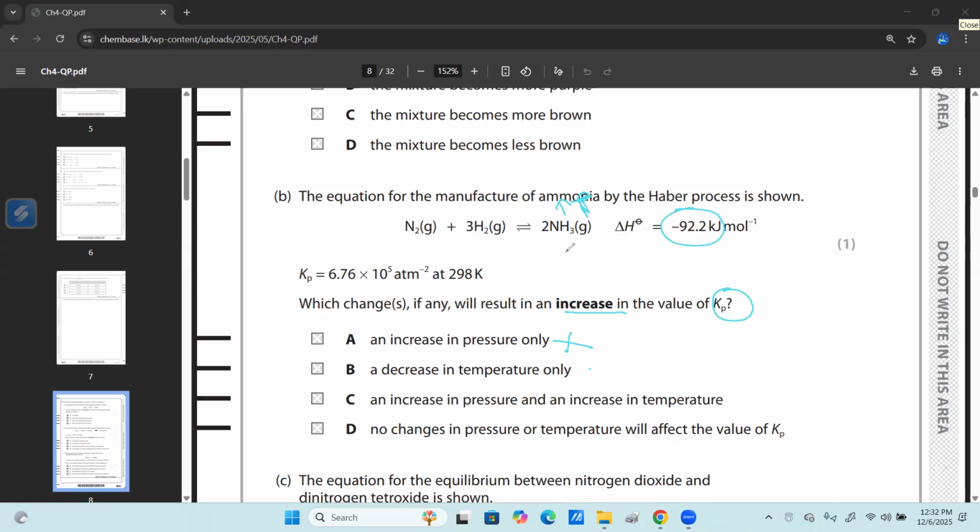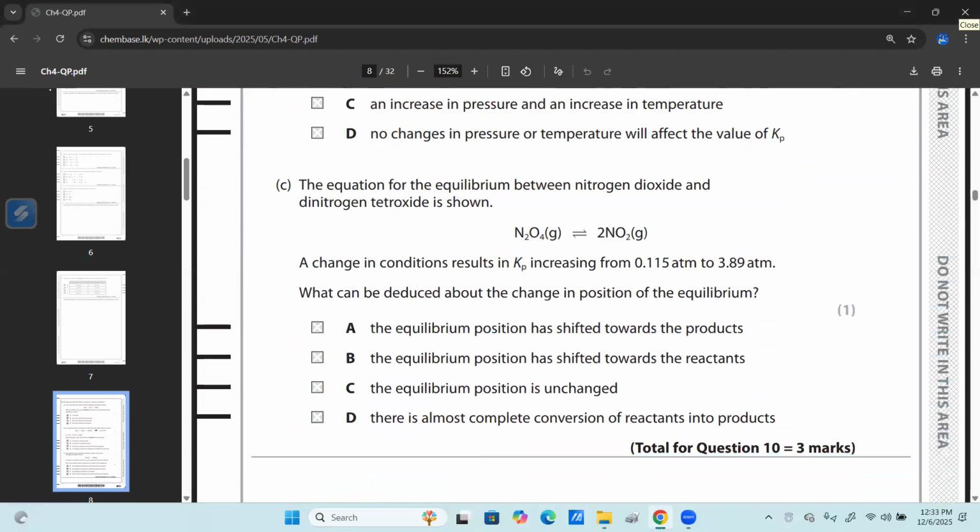So when you reduce the temperature, the system tries to form more products. And Kp is given by products divided by reactants. So when products increase, Kp also increases. That is correct. These other changes will not change Kp. Only changes in temperature will change Kp and Kc.